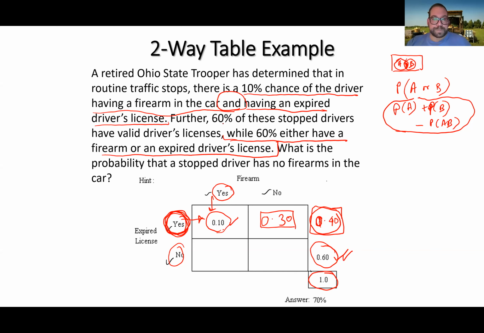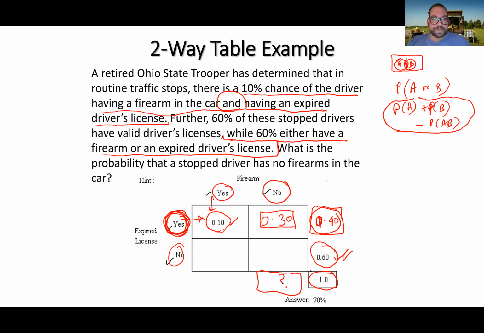So everybody here is a probability for a stopped driver. No firearms in the car, which basically means I'm looking at a marginal value here, right? And I'm trying to find what this value here is. That's what I'm after. Still with me?